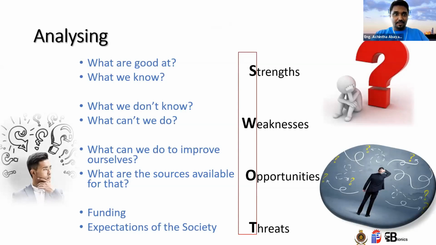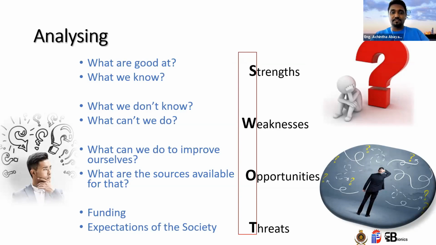Then we had to analyze what we are good at, what we know, what we don't know, what we can't do, what we can do to improve ourselves, and what sources are available for that. Funding was another threat, and the expectations of society are very high.